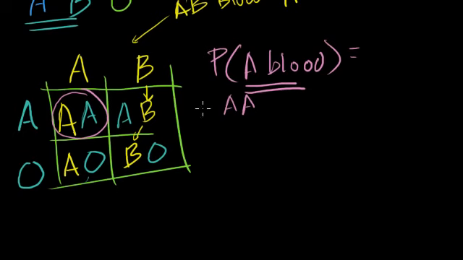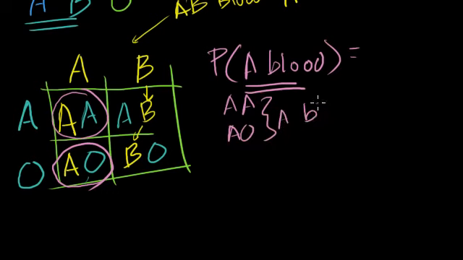But you also have an A blood type phenotype if you have an A and then an O. O is recessive. So AO is also an A blood type. So there's a 50% chance, because 2 of the 4 combinations show us an A blood type.